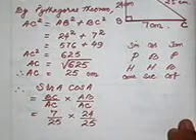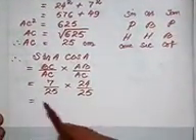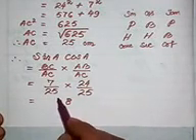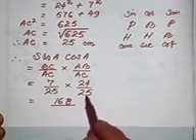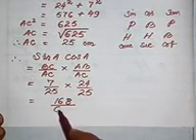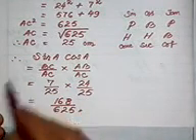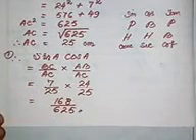In this way we will get 7 fours are 28, 168, and 25 into 25, we know, 625. So this is the value for the first question. I hope it is clear.